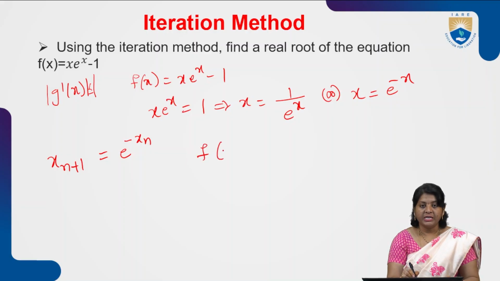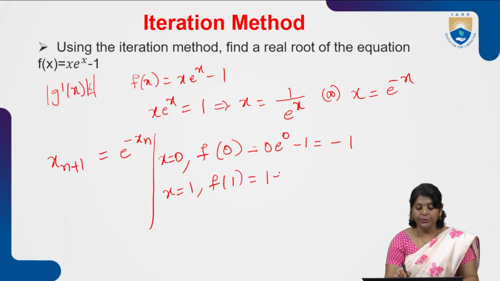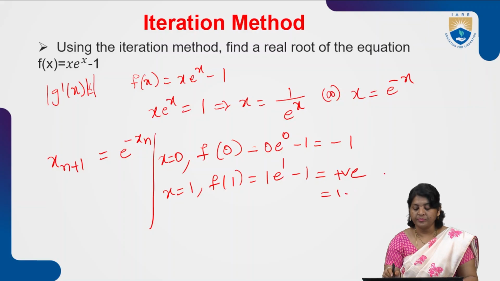In the given function, f of 0, that is x is equal to 0, substituting in the given function, f of 0 is equal to 0 into e power 0 minus 1, which is equal to minus 1. And similarly, x is equal to 1, f of 1 is equal to 1 into e power 1 minus 1, where it is a positive value, might be some 1 point something.